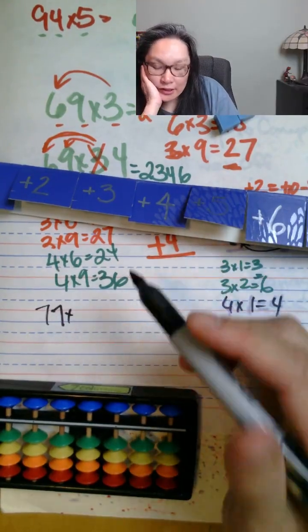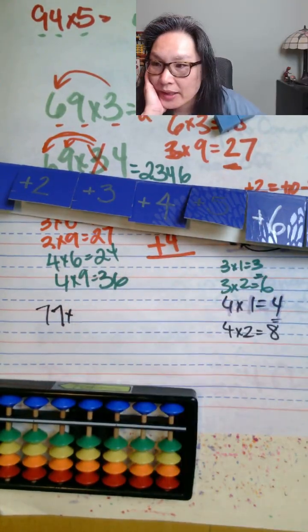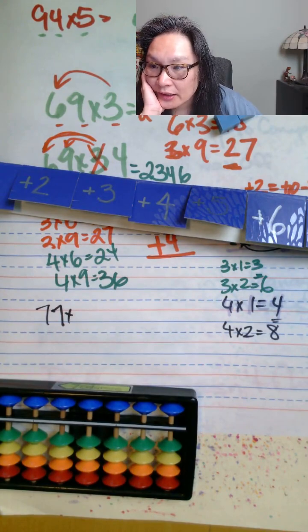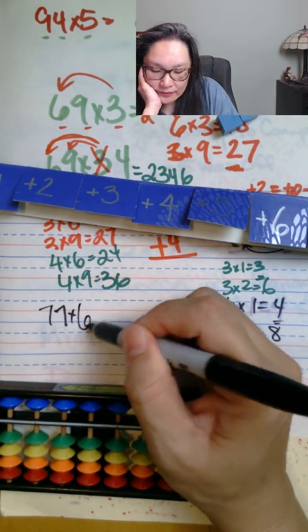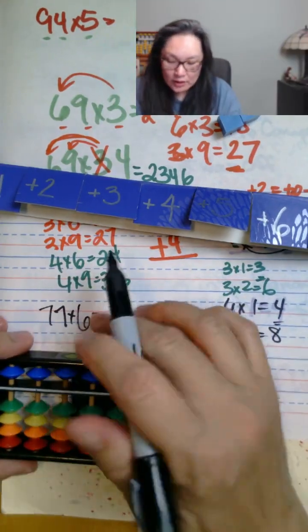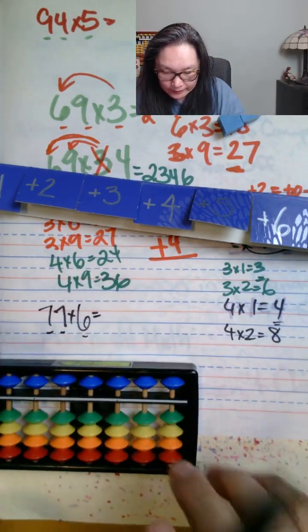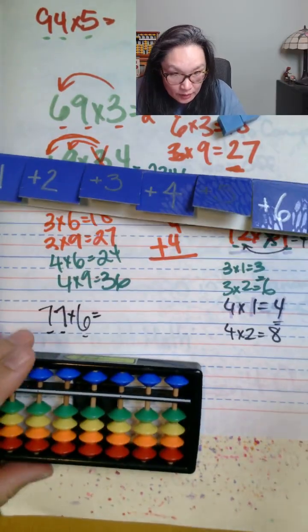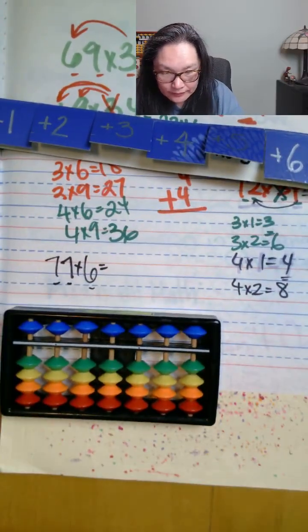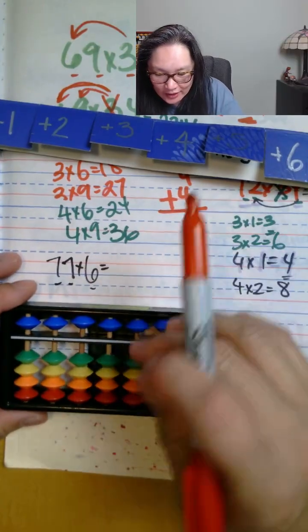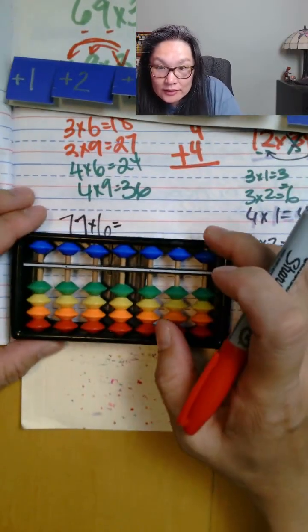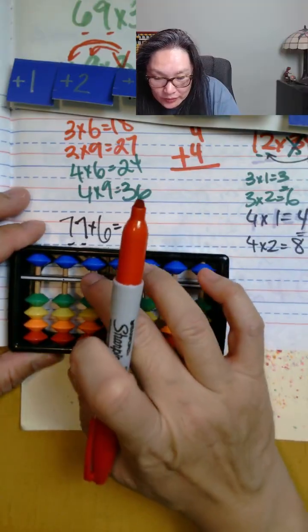Thank you. Okay. So 77 times that by 6 equals to what? The first thing we're going to do, 1, 2, 3. We do 1, 2, 3.